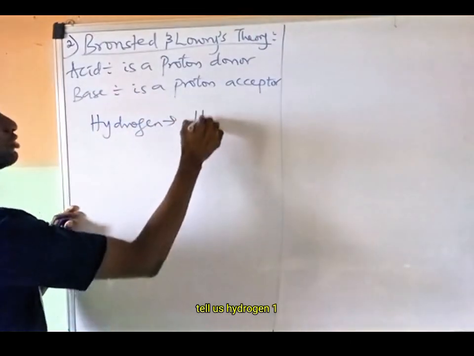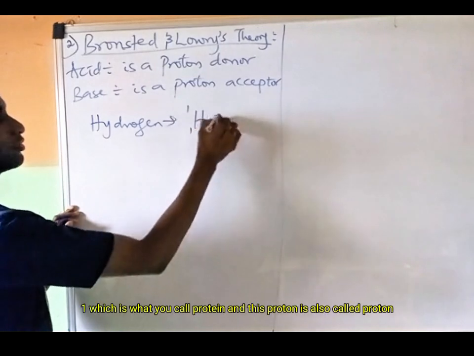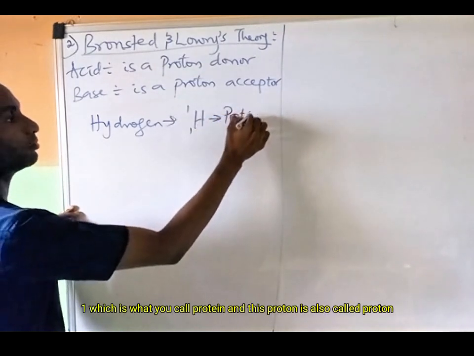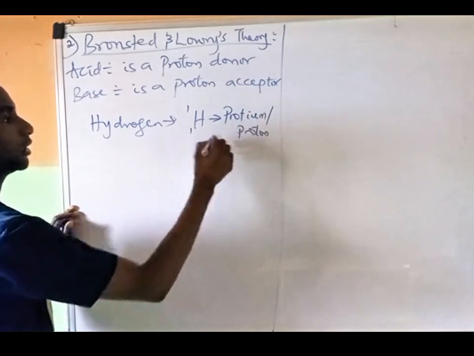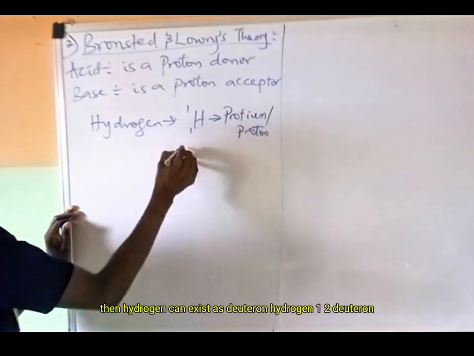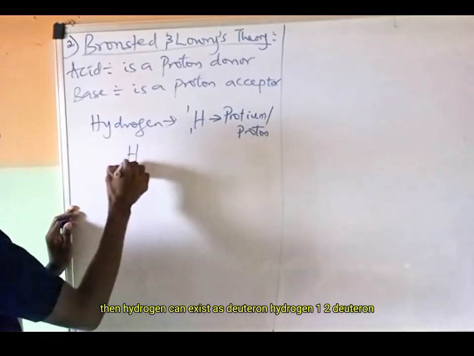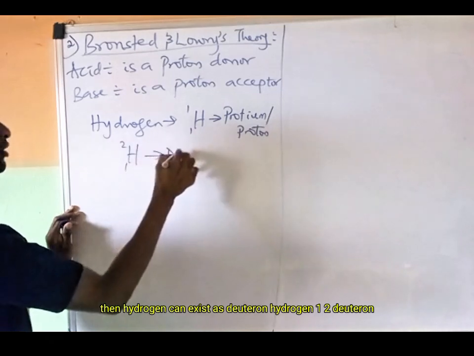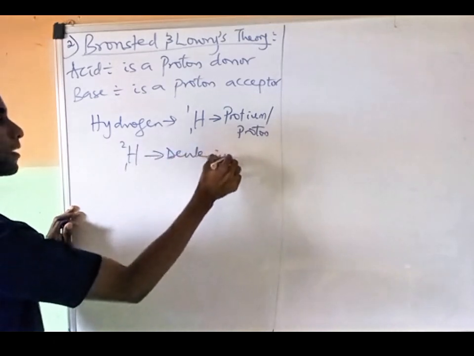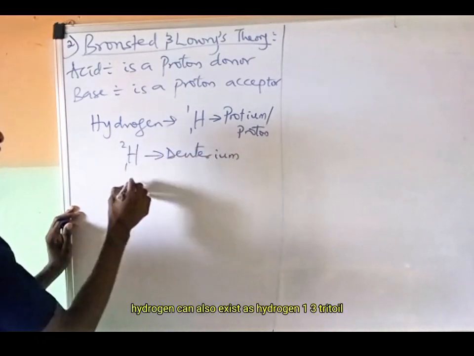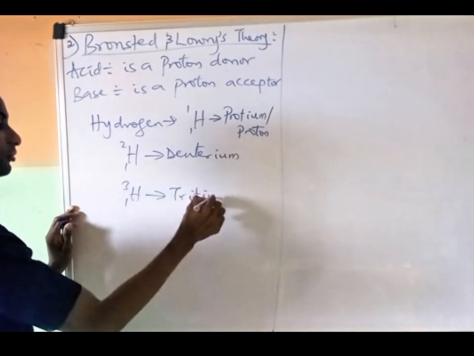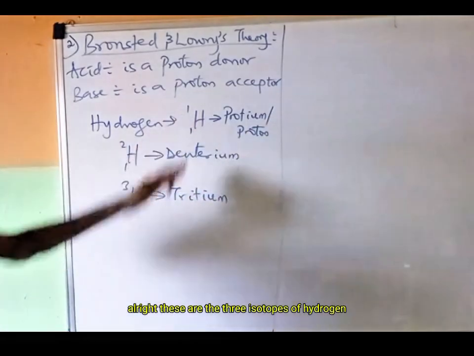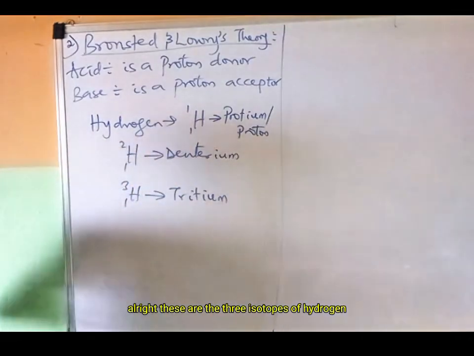It has hydrogen 1,1, which is what you call protium, and this protium is also called proton. Then hydrogen can exist as deuterium, hydrogen 1,2. Hydrogen can also exist as hydrogen 1,3, tritium. Alright, these are the 3 isotopes of hydrogen.